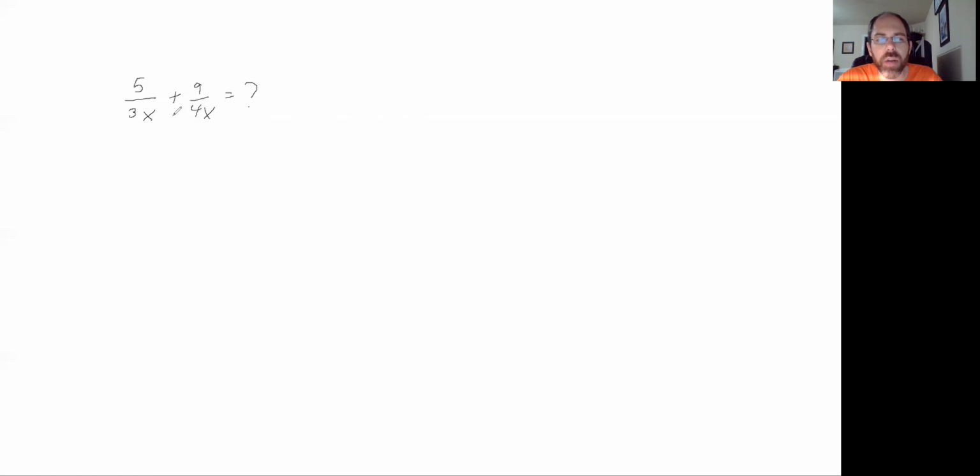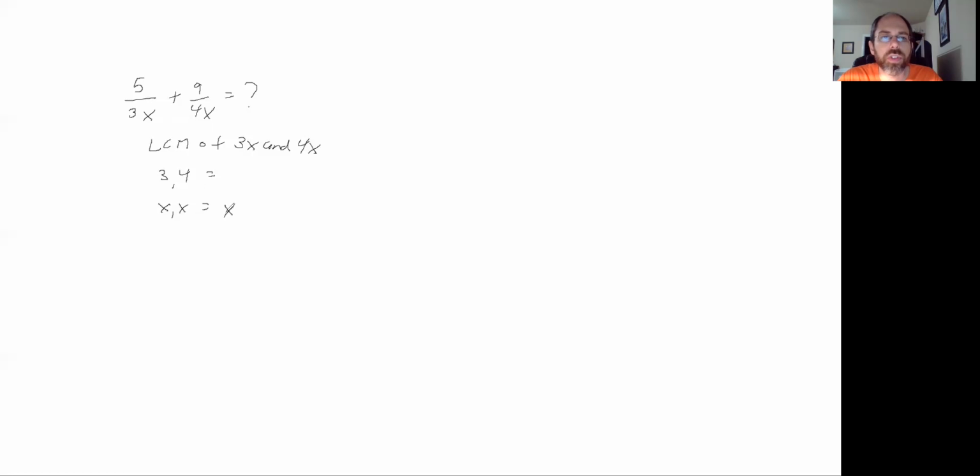So I need the least common denominator here to get them on the same terms. That means I need the least common multiple of 3x and 4x. So I'm going to take these individually, least common multiple of 3 and 4, and of the x and x. In the case of x and x, that's easy.